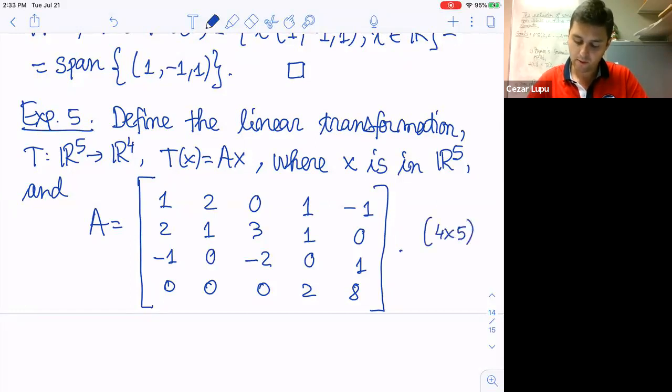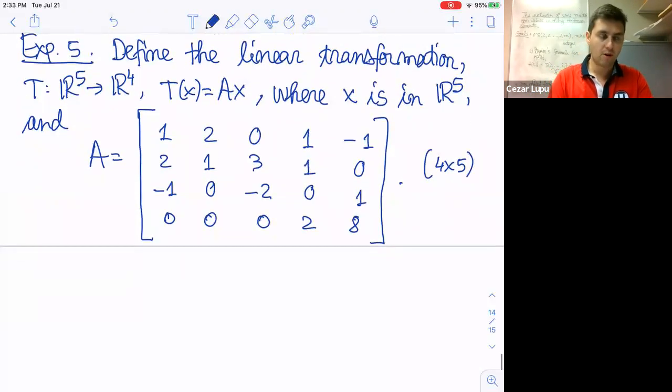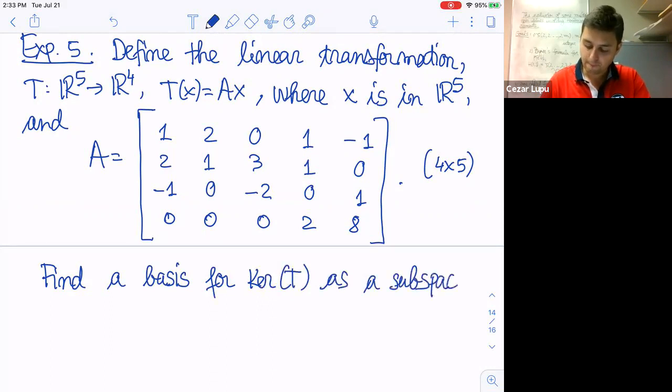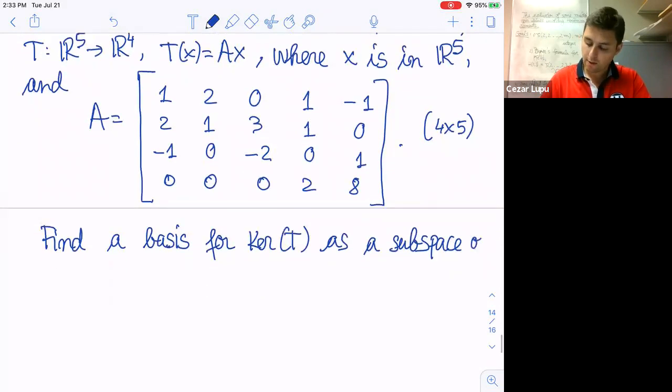It has 4 rows, 5 columns. And what we're asked to do is the following: find a basis for the kernel of T, for Ker of T, as a subspace of R5.